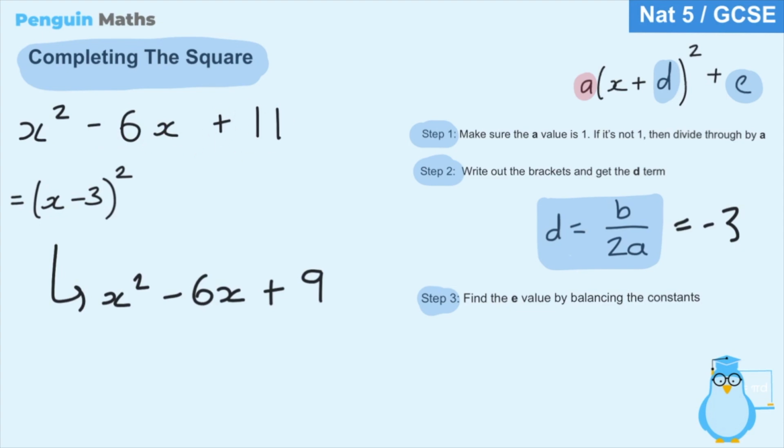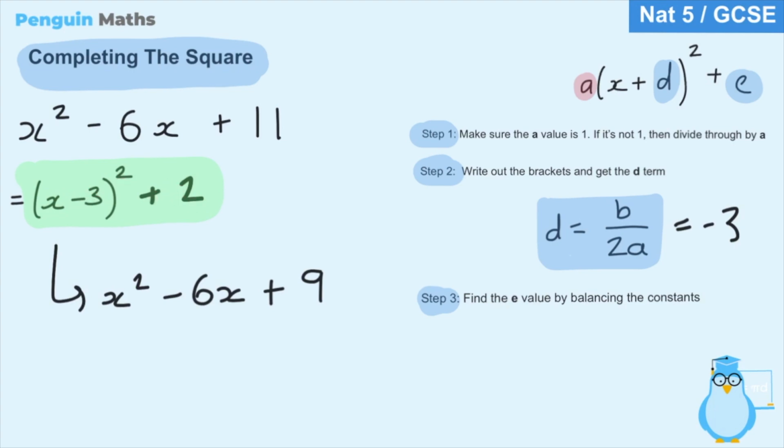Well, because 11 is 2 bigger than 9, what we have to do is add on a plus 2 to that function there, and that means this full thing would be equal to x squared minus 6x plus 9 plus this other 2, and that gives us the original term here. So as we can see, what we've just done there is complete the square for the function x squared minus 6x plus 11 and put it into the form, brackets x minus 3 all squared plus 2.